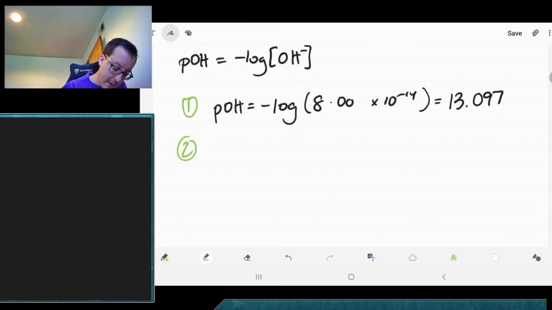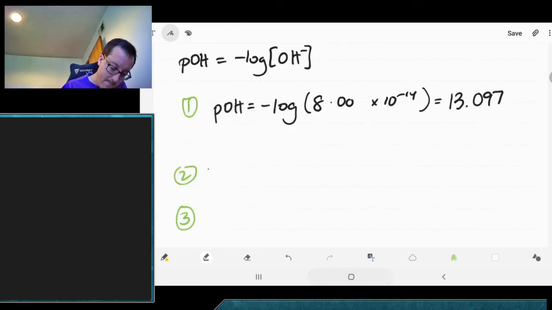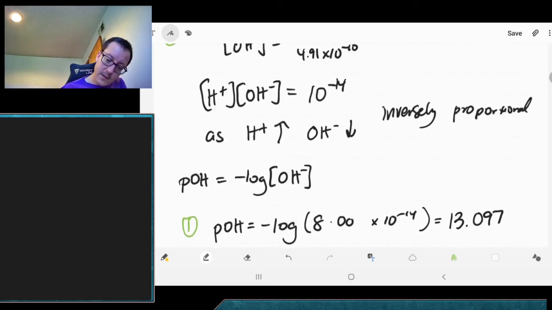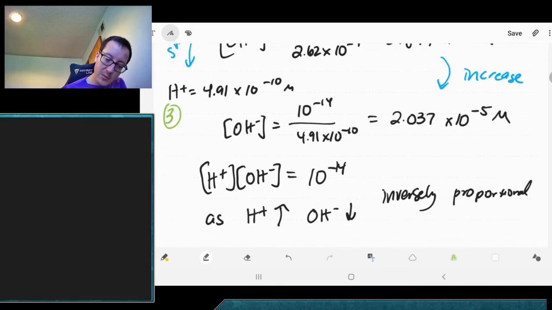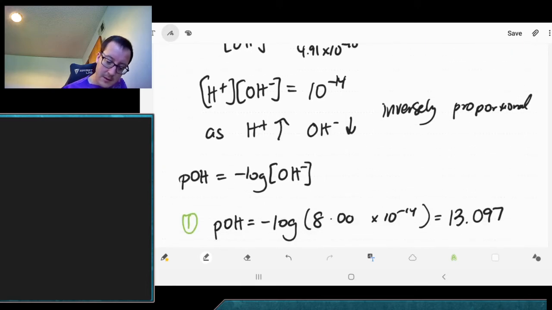If we just take a look at solutions 2 and 3, actually let me leave a little bit of space. I'm just taking the numbers that we just calculated, 3.817. Shame on me, I've given these 4 significant figures, they all should have had 3.